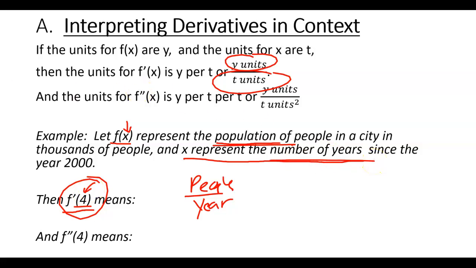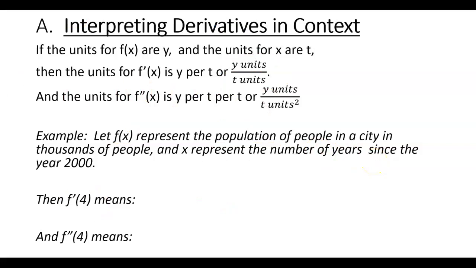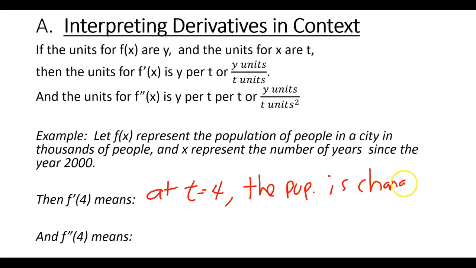So the interpretation of this expression here is at t equals 4, the population is changing at a rate of blank.